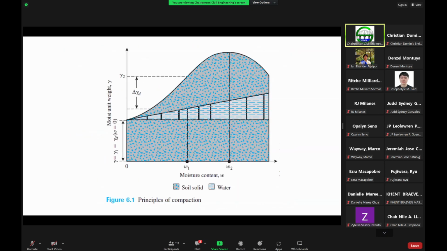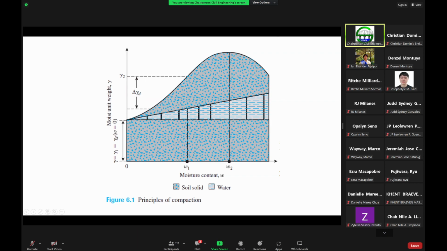Say, for example, here at a moisture content W sub 1. Take note here, the moisture content is 0. Let's presume that this area here is the solid particles, and this region is the addition of water.